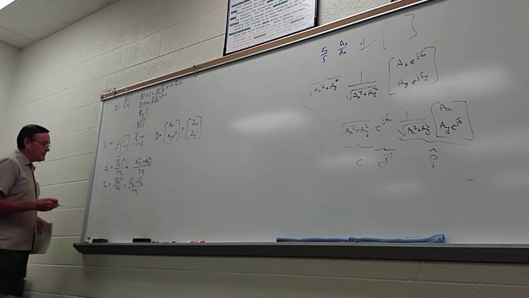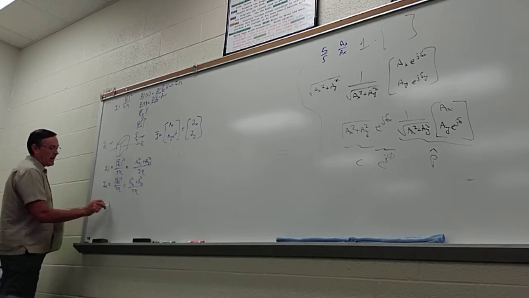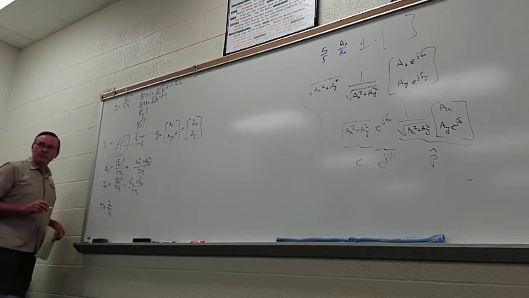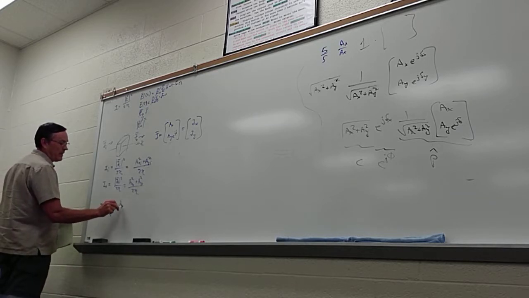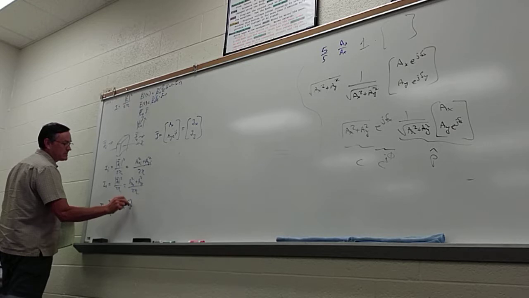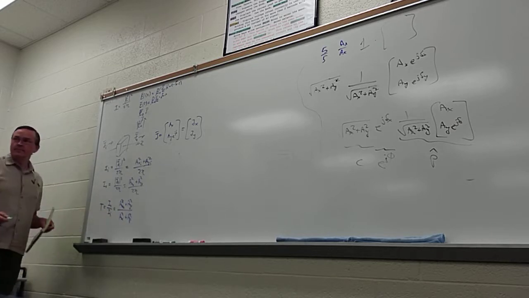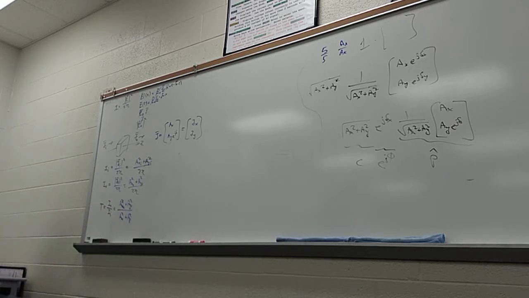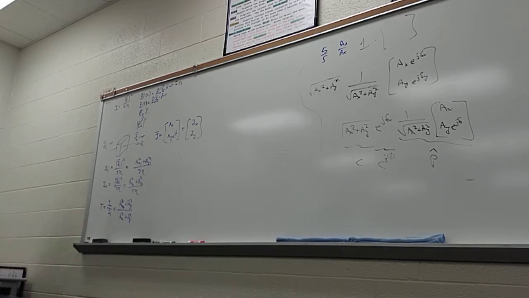And notice I could define the transmission of this system as the output irradiance divided by the input irradiance. That's just AXO squared plus AYO squared over AXI squared plus AYI squared. So that'll tell me what fraction of the instant irradiance actually makes it through the system. That's what T is, the transmission. Fraction of the instant power that makes it through.